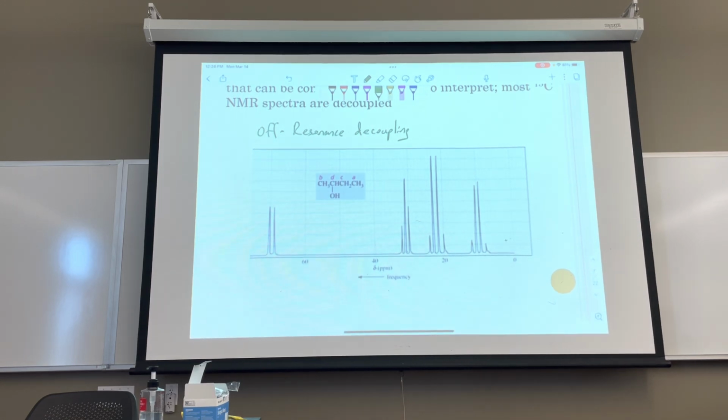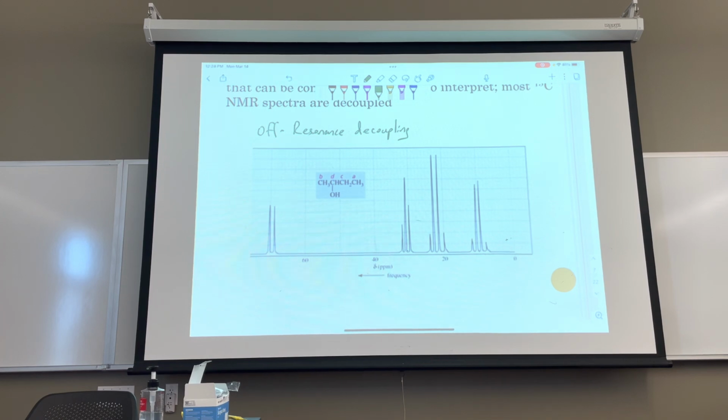Is there a reason for the B carbon to have a higher integration than the A carbon, or is that just error? Let me see, so that's D, this one is C, this one was B, and that was A. They're different sizes, but they should have the same relative importance. We're going to get to that in just a minute. The short answer is, no, there is no reason.